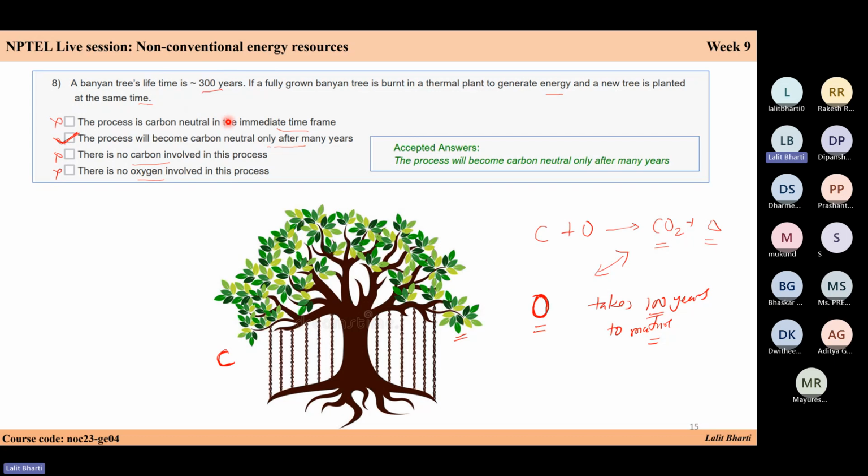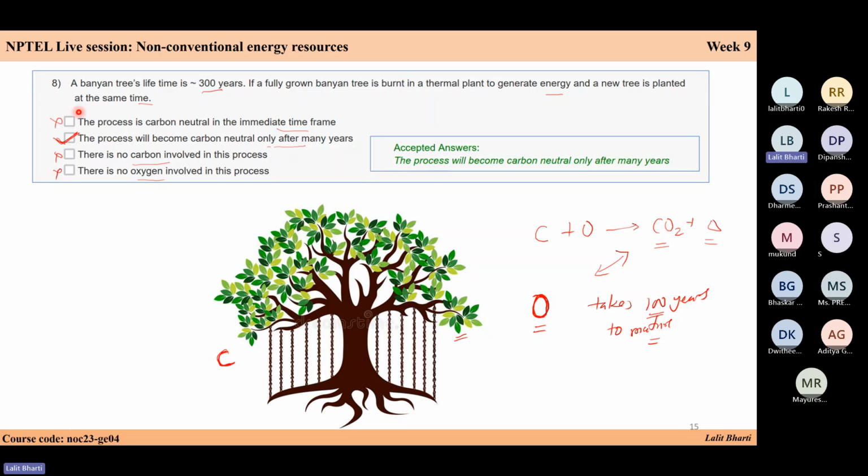So the process is carbon neutral in the immediate time frame. The process will become carbon neutral only after many years. There is no carbon involved in the process. There is no oxygen involved in the process. So the third and fourth options are clearly incorrect because carbon and oxygen are involved.